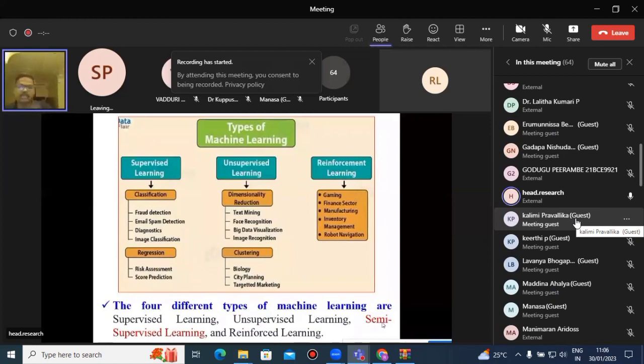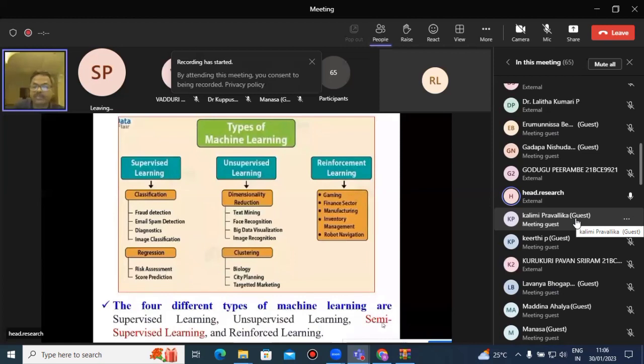Unsupervised learning: dimensionality reduction, text mining, face recognition, big data visualization, image recognition, etc. Clustering: biology, city planning, targeted marketing, etc. Reinforcement learning: we are using it in gaming, the finance sector, manufacturing, inventory management, robot navigation, etc.